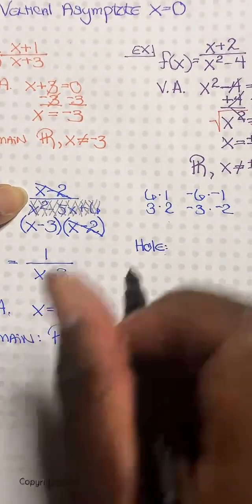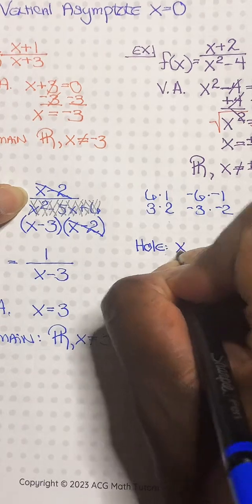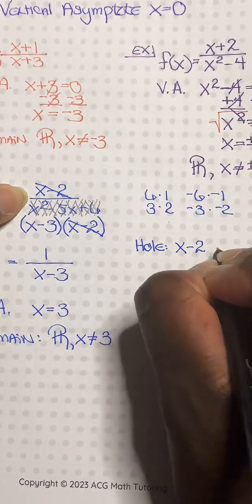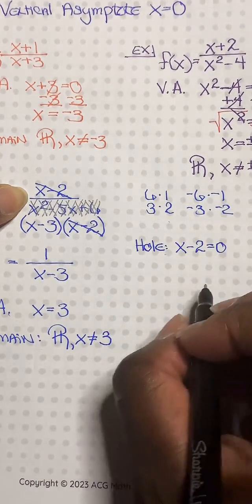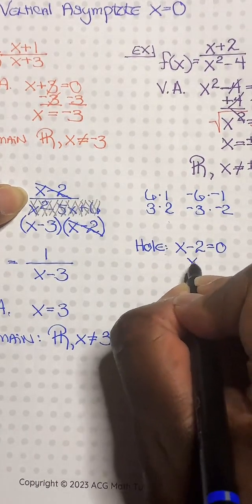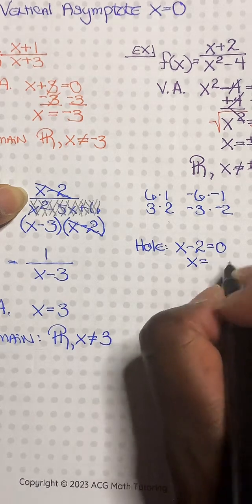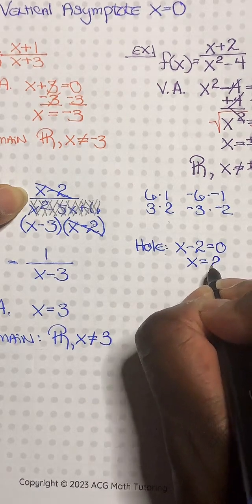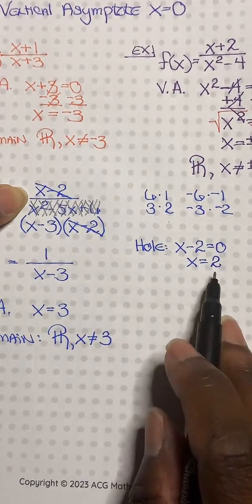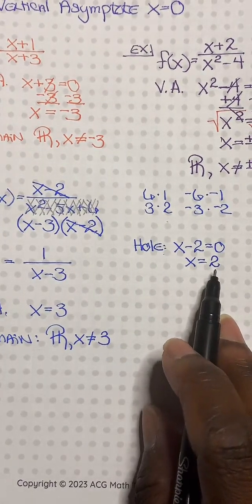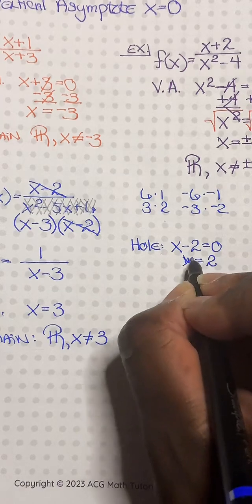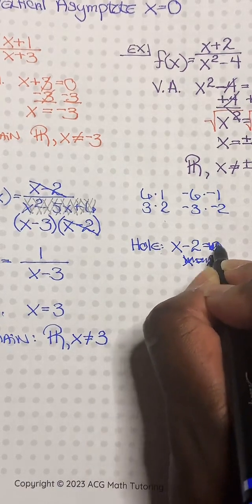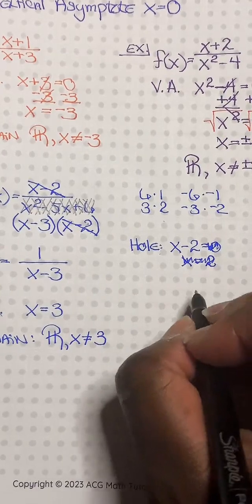So it's canceling out when x minus 2 is 0. So there's going to be a hole at x equals 2.